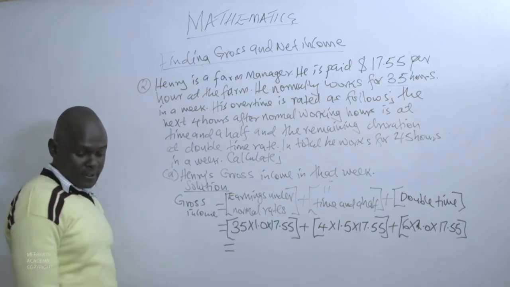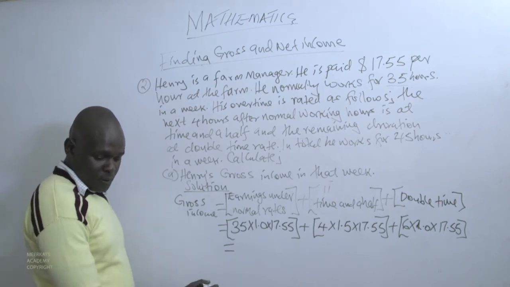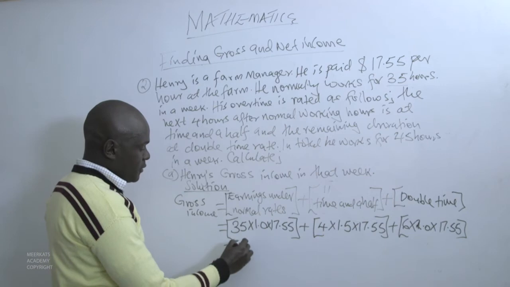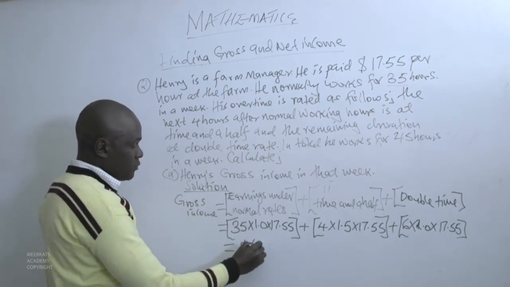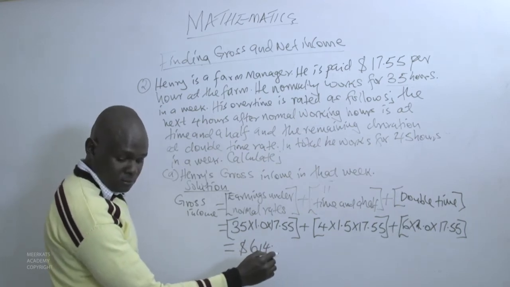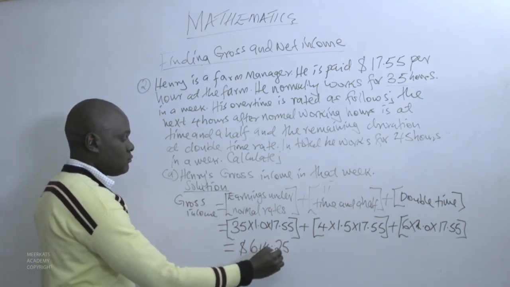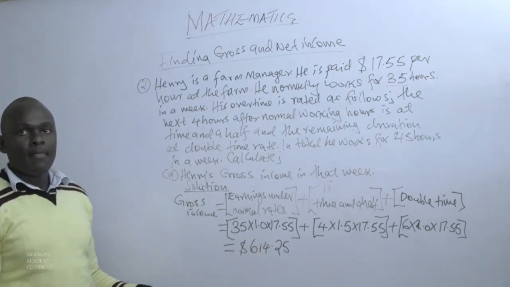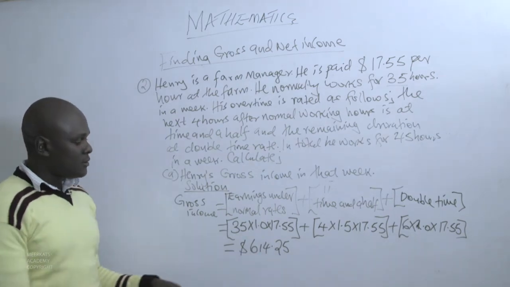This will give us, in the first bracket, $614.25.